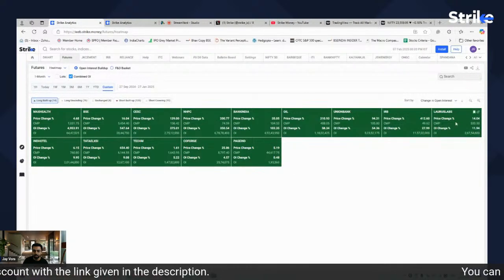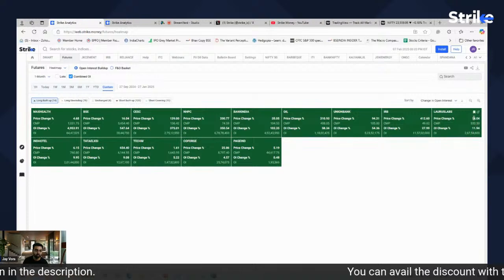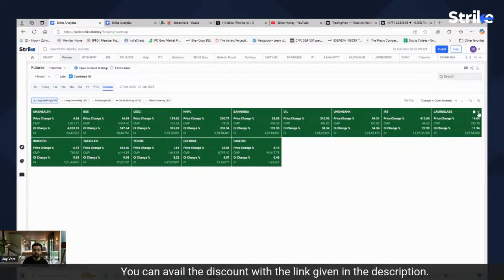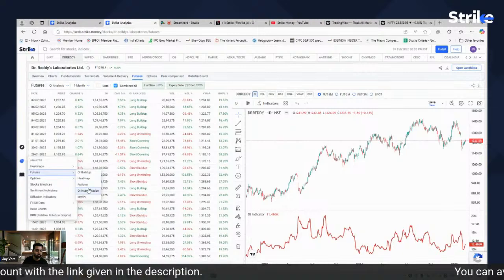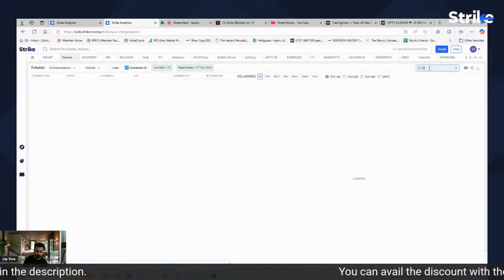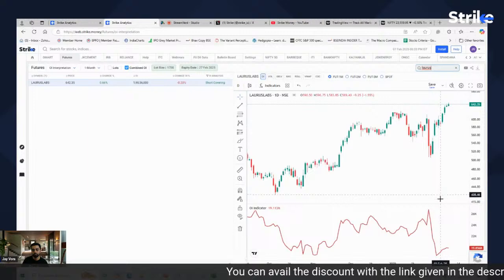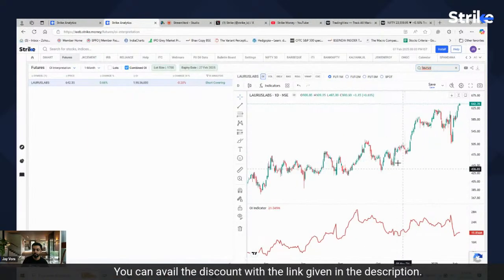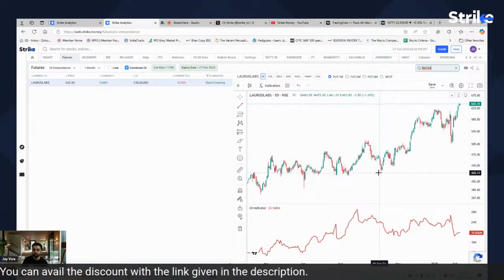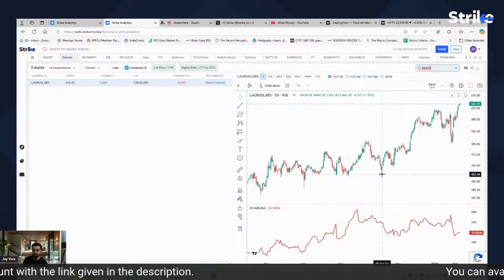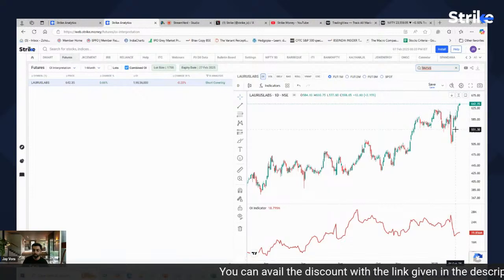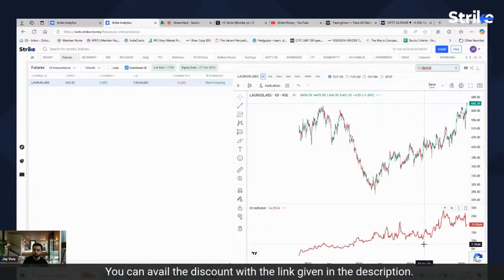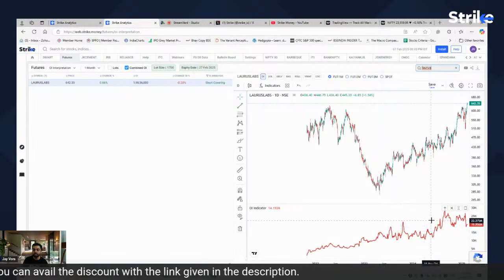So over there this will be a problem, but you can see that Laurus Labs was one of them. Through this whole decline it was in fact rising higher. So if you see something like Laurus Labs, it actually made its bottom around September, in fact a little after September, and it was rising higher when the market was falling. So this was a good sign, and in fact an open interest breakout also came in it.